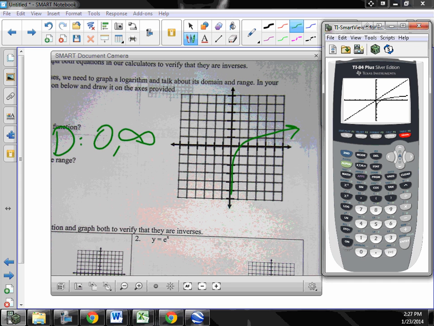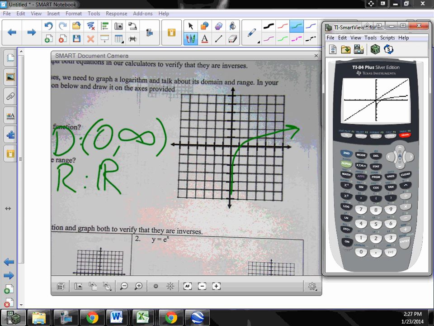Good. Okay. What's the range? From negative infinity to infinity, so all real numbers, or negative infinity to infinity. Either way. So I'll just write all real numbers.